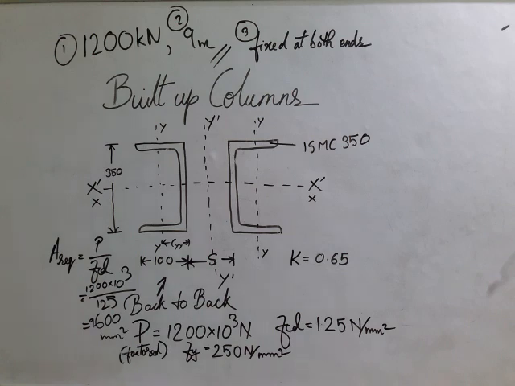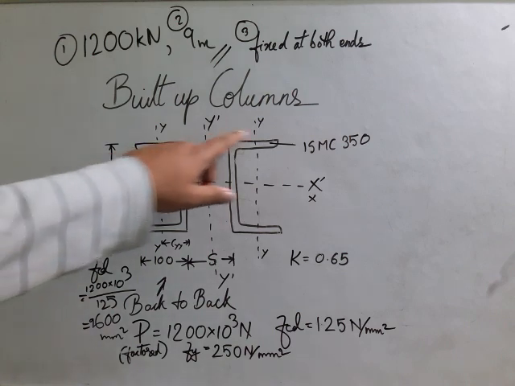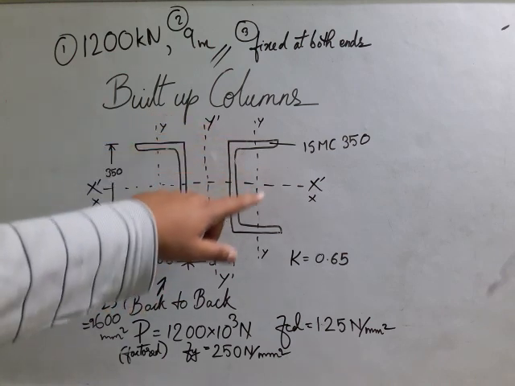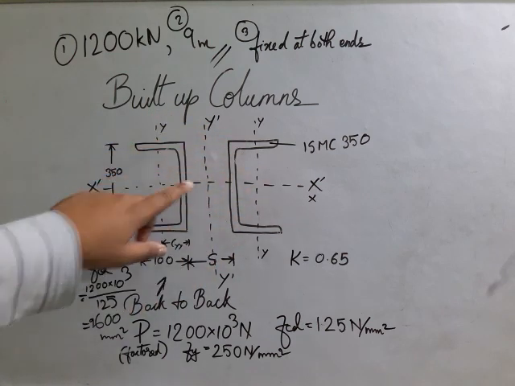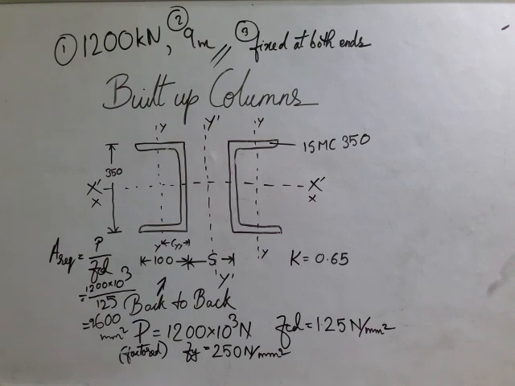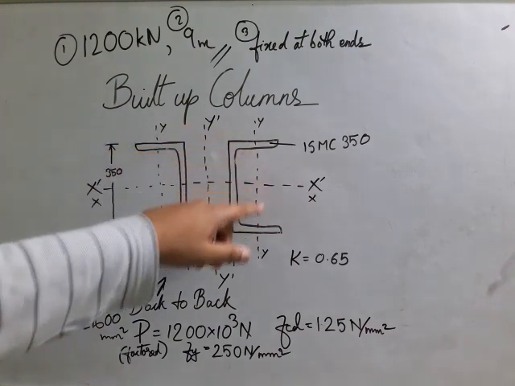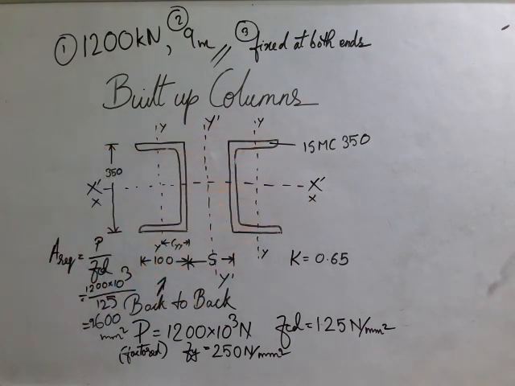This is one example of a built-up column having two channels back to back. So we'll obviously be designing a section similar to this one. The area we take should be more than 9600.